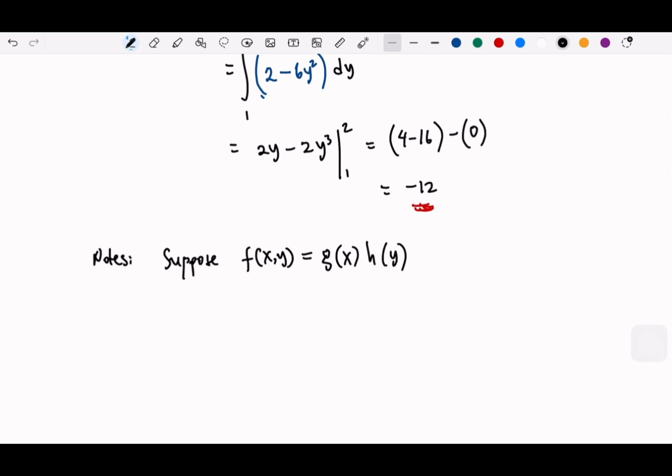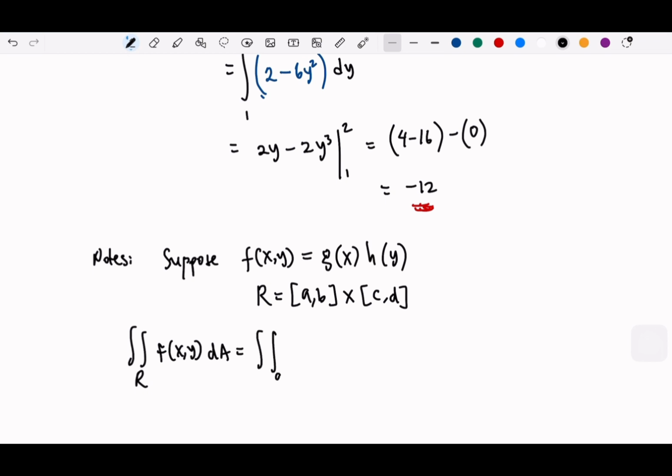So we have two different functions and we can separate them. And if R is a rectangle a, b, c, d for x and y, then by Fubini we can write this as g(x) h(y) dx dy.